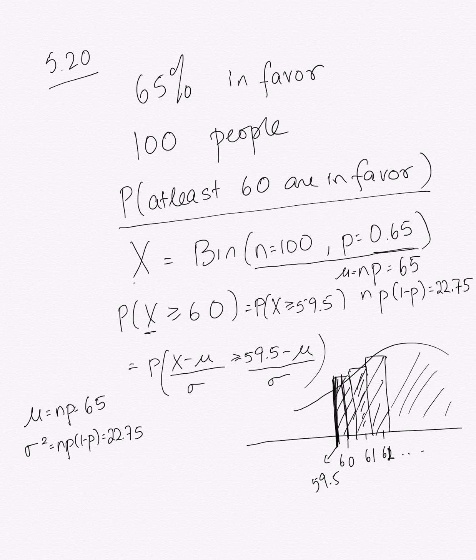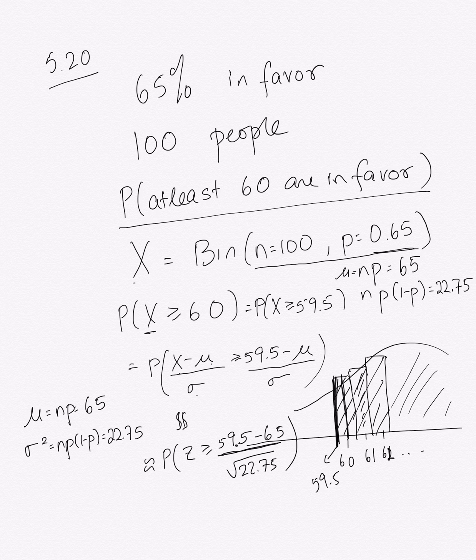So what do we need? This will be the probability. Now x minus mu over sigma will be approximately the probability z bigger than or equal to 59.5 minus mu. What's mu? That's 65. Divided by the square root of 22.75.